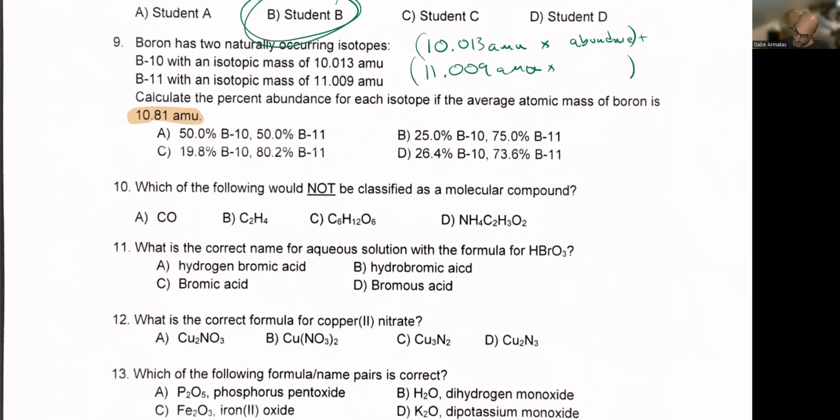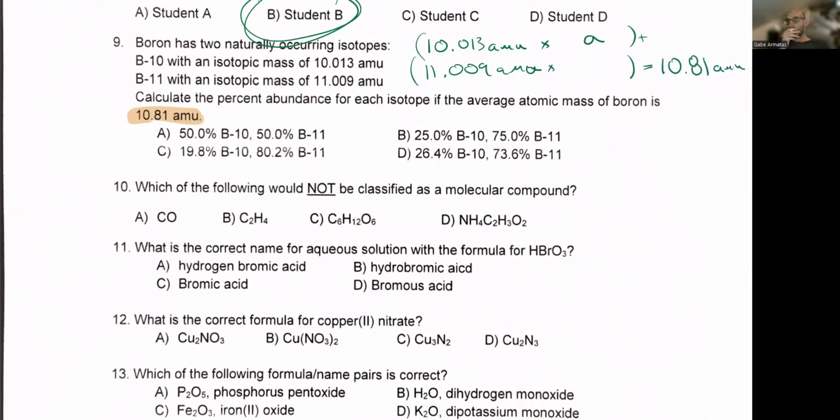We'll call the abundance A. Those two things together have to be 10.81 AMU.